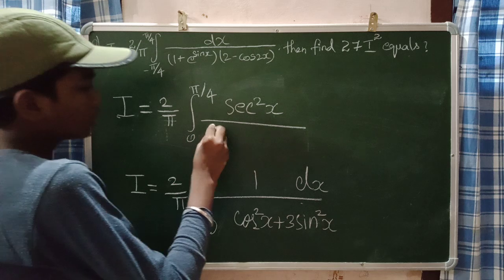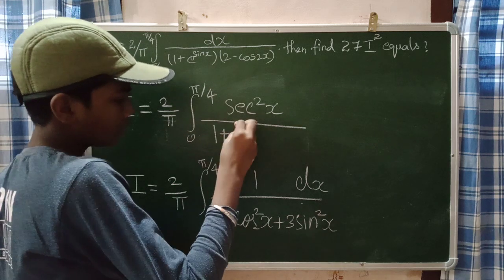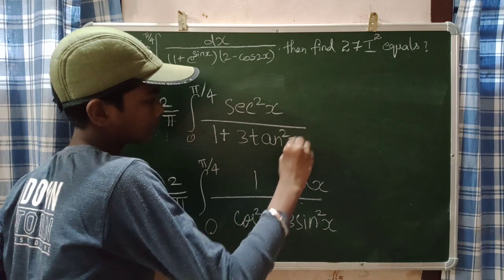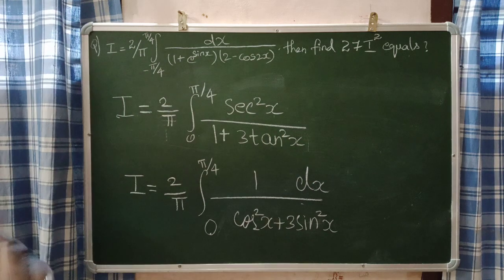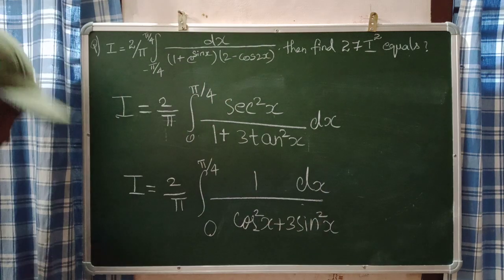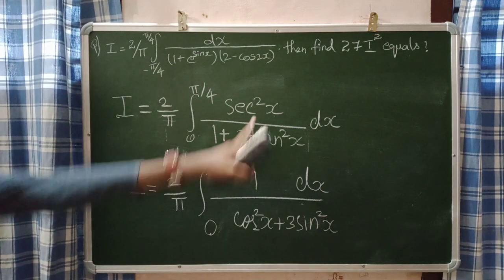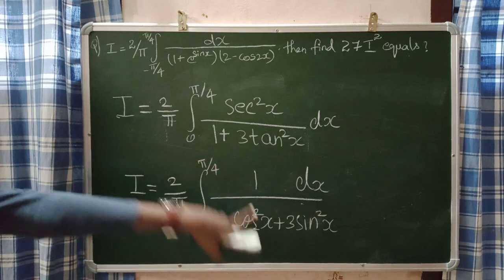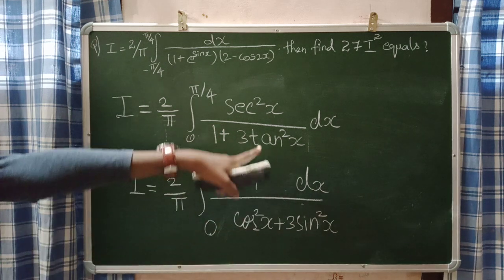In the denominator, what you will get is 1 plus 3 tan square x. This is the form of expression which will be left when you divide by cos square x. Cos square x divided by cos square x will be 1, and 3 sin square x divided by cos square x will be 3 tan square x.